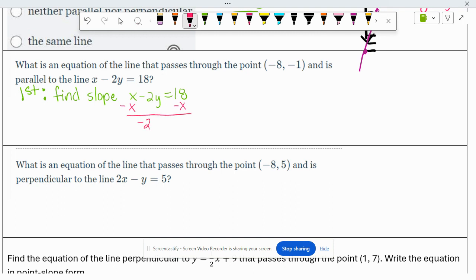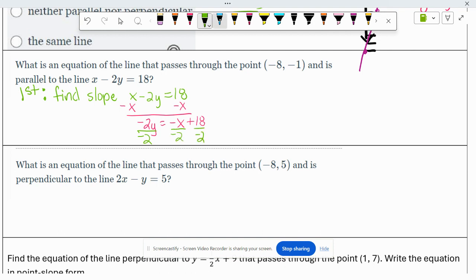So negative 2y equals negative x plus 18. Justice, what am I going to do next to get y all by itself? Yeah, I have to divide everything by negative 2. Everything gets divided by negative 2.